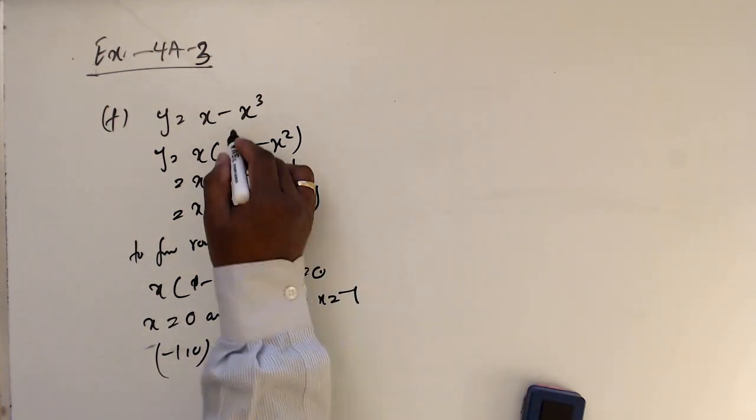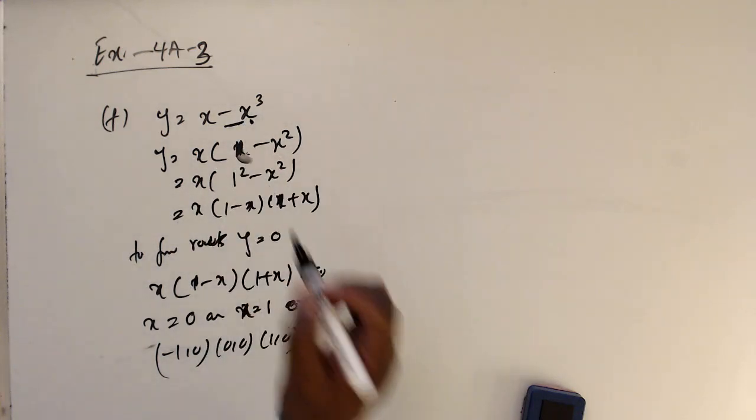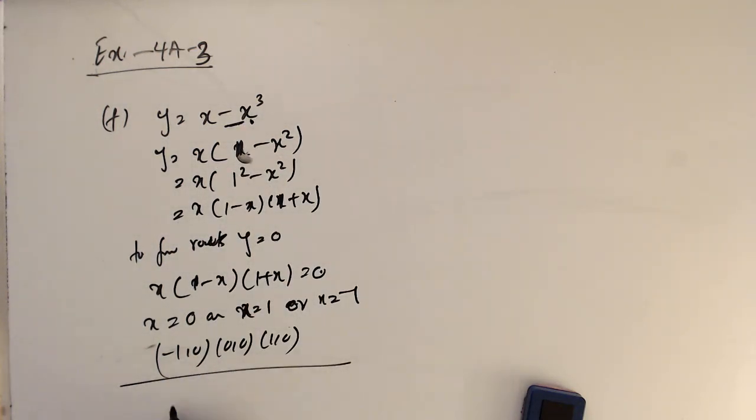I can see that the coefficient of x³ is negative, so I am expecting that as x goes to negative infinity, y goes to positive infinity, and as x goes to positive infinity, y goes to negative infinity.